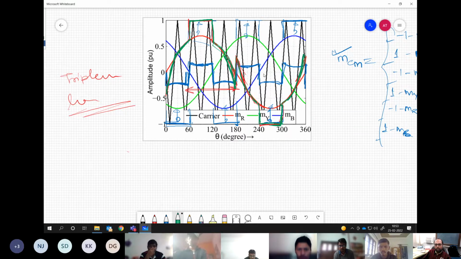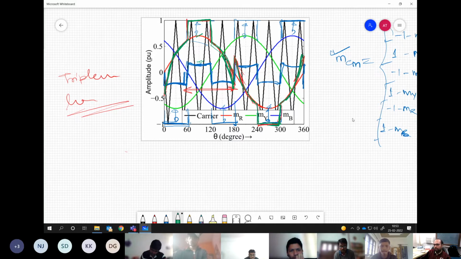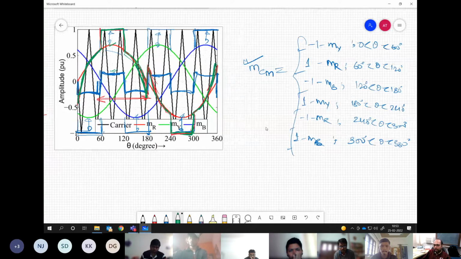Do you see the change in modulating signal, how it is looking now? So this is what we have added. We have got by adding the modulating signal, which is sinusoidal, and this third harmonic or triplet harmonic kind of common mode. And this common mode here, we are not having any factor. This is not any factor. This is directly what our modulating signals are. On basis of that, we have generated.